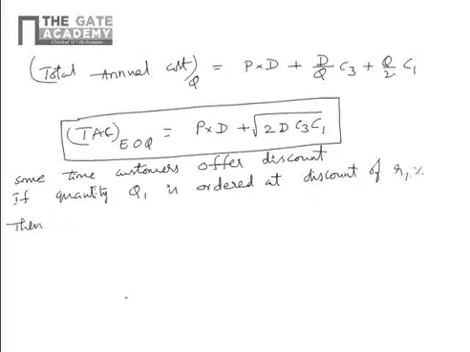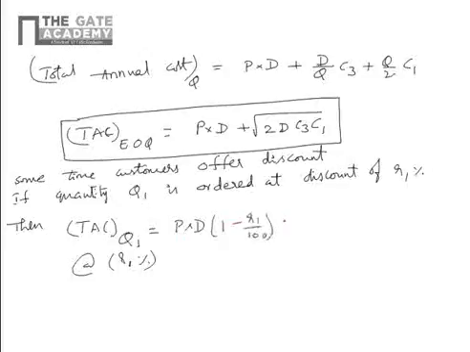check the value of total annual cost. Total annual cost of Q1 at R1 percentage discount: we know P into D is the fixed cost, and with the discount it is P into D into 1 minus R1 by 100, plus D by Q into C3 plus Q by 2 into C1 into 1 minus R1 by 100.